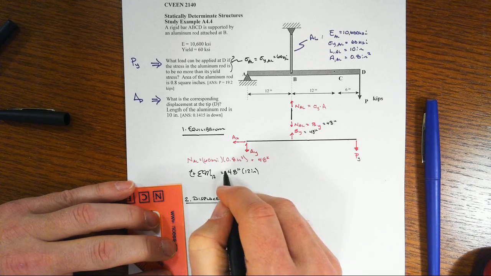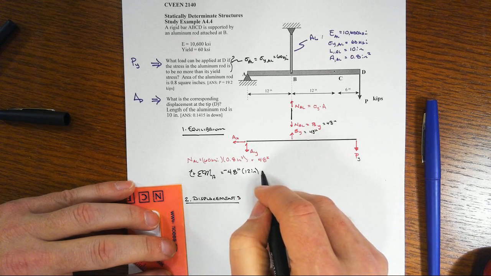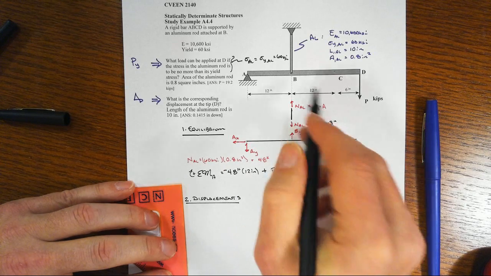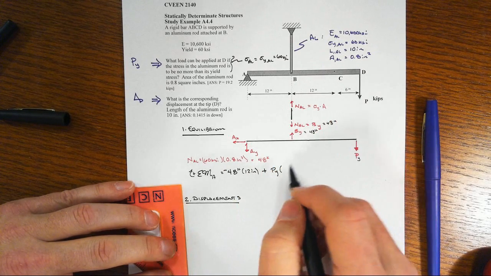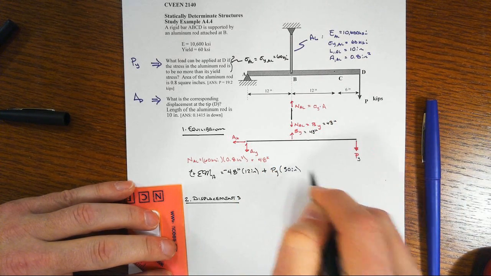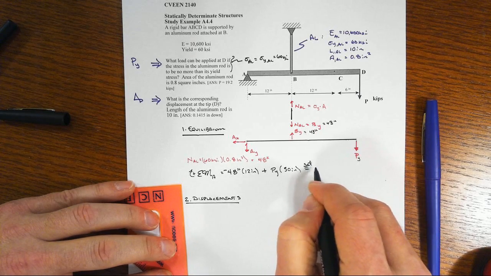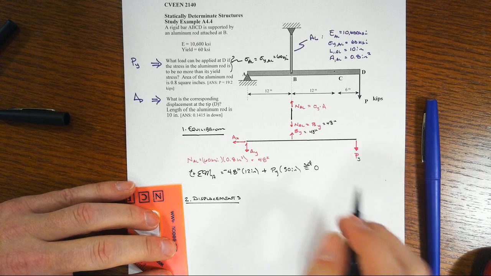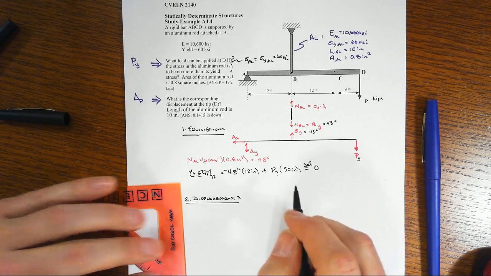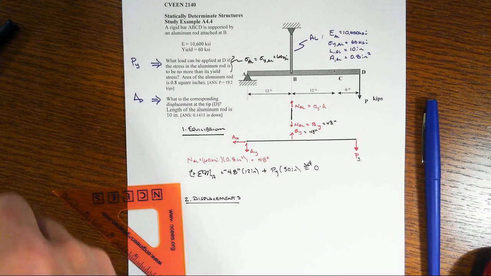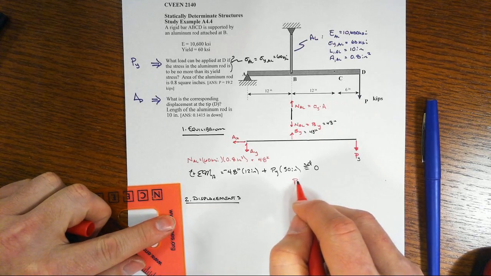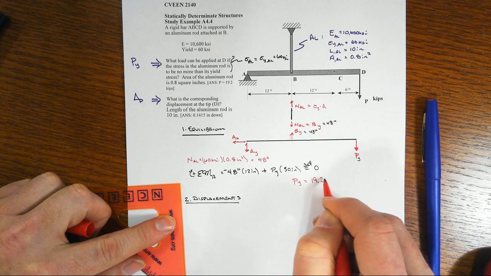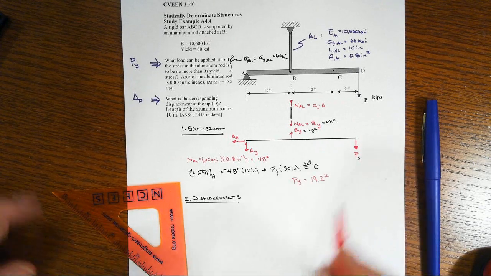And that would be going opposite of our sign convention, so minus, plus then P sub y times its moment arm of 12 plus 6, or 30 inches. Only forces in that equation, so set that equal to 0, and we will find then that our P sub y will be equal, once we solve all that out, to 19.2 kips, acting, of course, downwards.